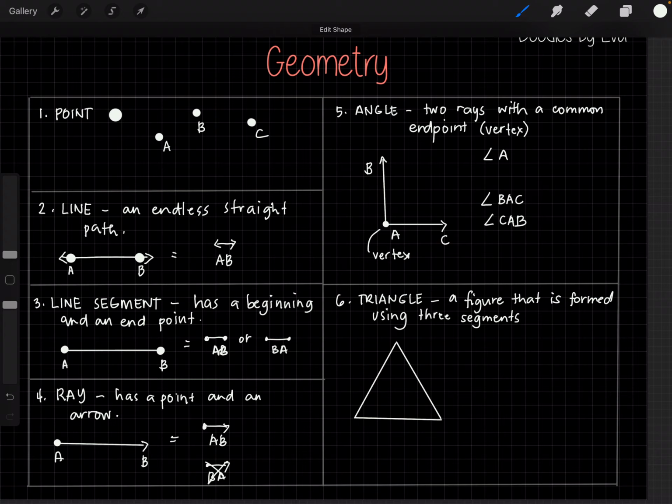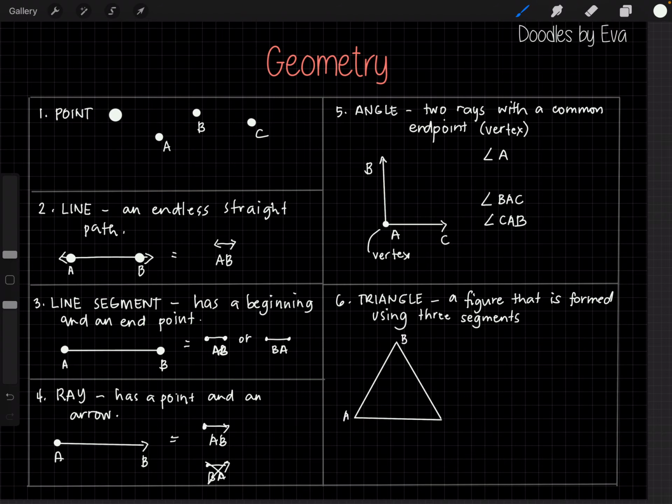Okay. Now let's name the 3 points of the triangle. Let's put here A, B, and C. We can denote that this is triangle ABC, BCA, CBA. What else?